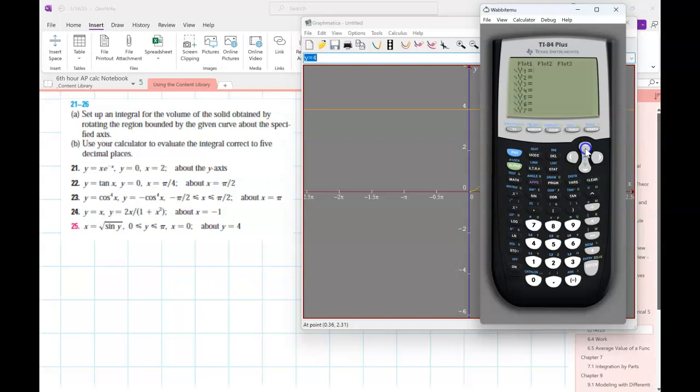Yes, because the square root of sine y, maybe? So what you'd want to do is graph sine inverse of x squared. Yeah, that's what I grabbed. Okay, so that's the issue, because the range of sine inverse goes from negative pi over 2 to positive pi over 2.